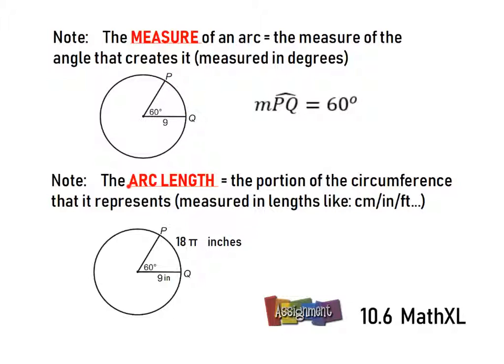If they actually use the phrase arc length, they actually want to know how long it is in comparison to the full circle, the circumference. And so arc length is when you're going to be using your new formula. So pay attention to the wording on that. All right, go do your homework. Good luck.